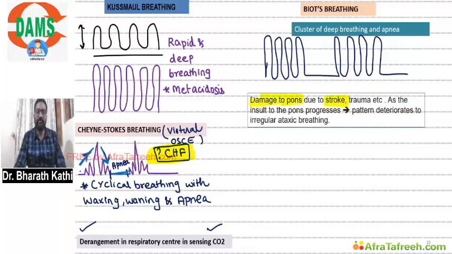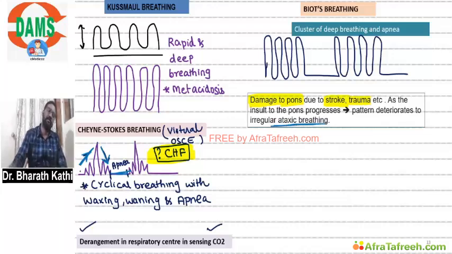damage to the pons. So when your pons is damaged by stroke or trauma, and as the disease progresses, the apnea can increase and it results in a terminal event called ataxic breathing. So what is terminal ataxic breathing?